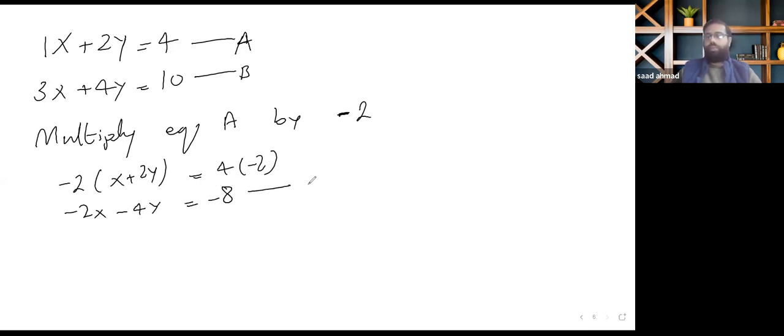Now this is our new equation, we can give this a number, let's say C. It is exactly equivalent to A. Now let's have the equation B here: 3x plus 4y equals 10.